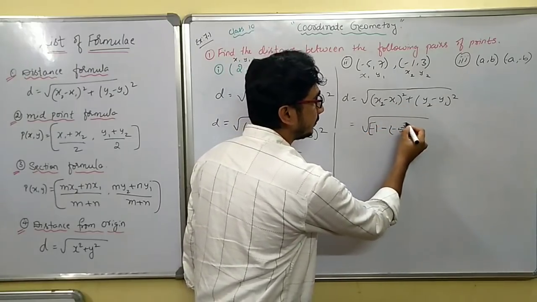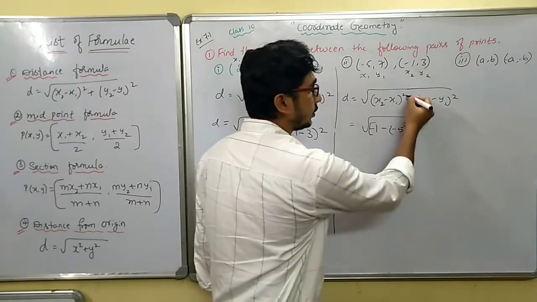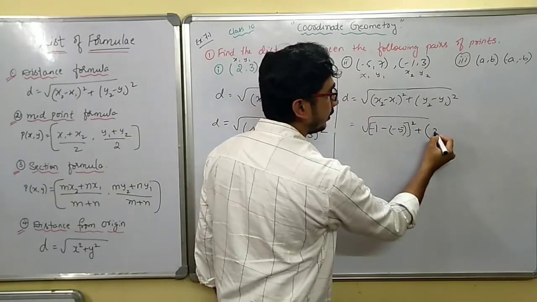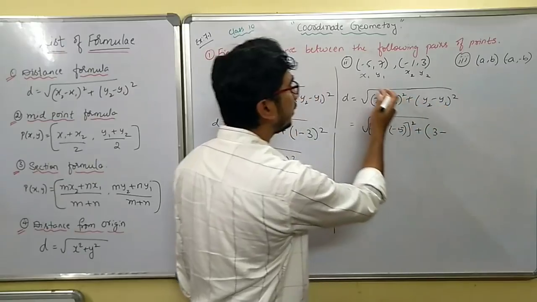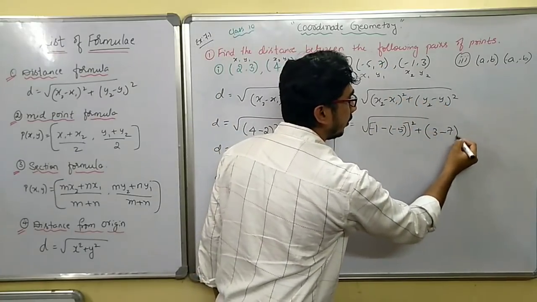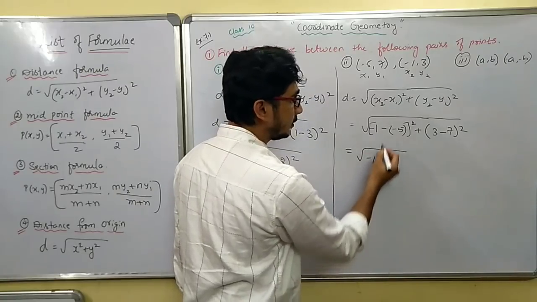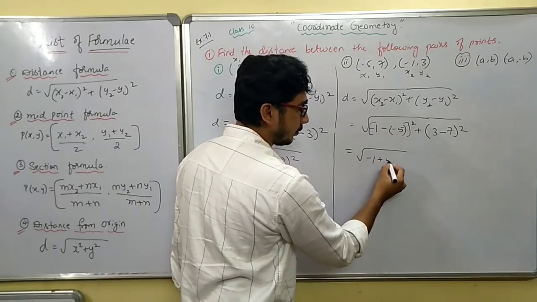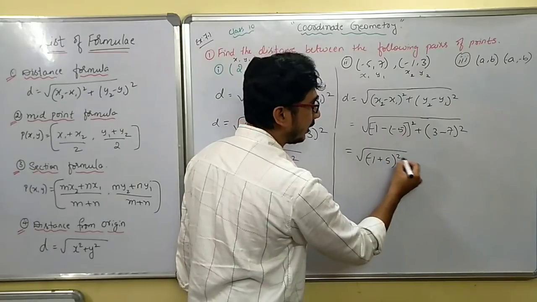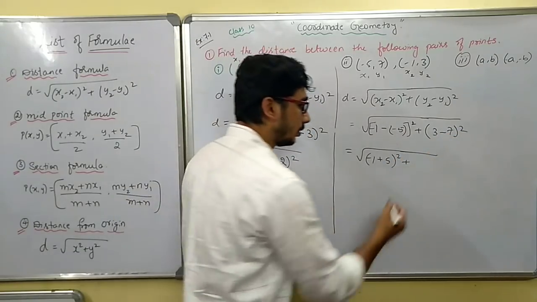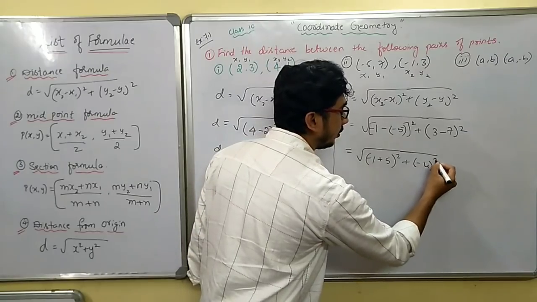So this bracket is there. I'll write here, then this square as it is, plus y2 how much? y2 is 3. This minus as it is. y1 how much? y1 is 7. Write down whole square. So what will happen? Minus 1 as it is, minus into minus plus 5 whole square, plus 3 minus 7 is minus 4. Remember, minus 4 whole square.